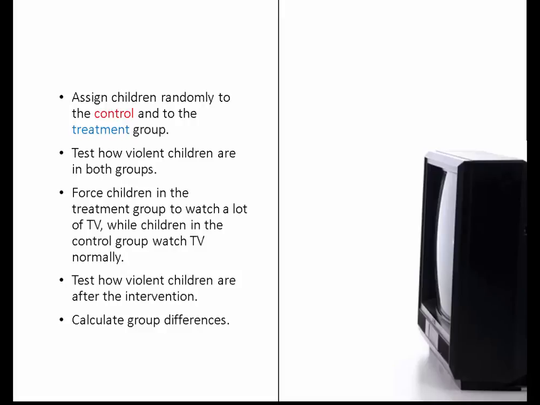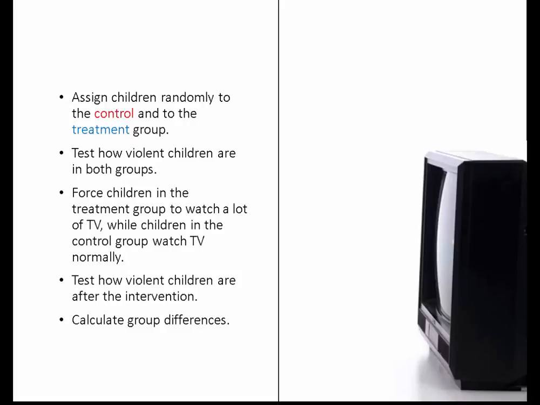And then we would force children in the treatment group to watch a lot of TV, while children in the control group watch TV normally. Now this is something that we manipulate. Sometimes it's not easy to manipulate stuff. Sometimes it's unethical to manipulate stuff. But this is how the experimental design would look.